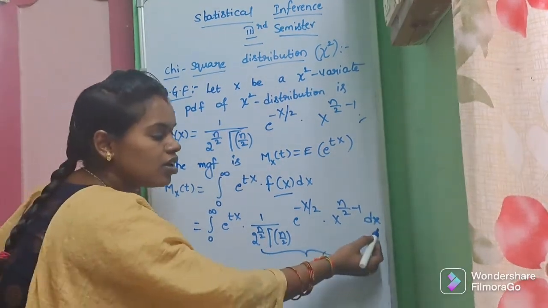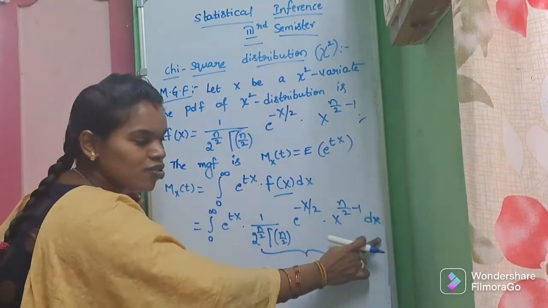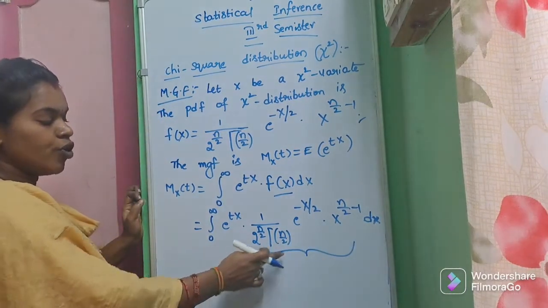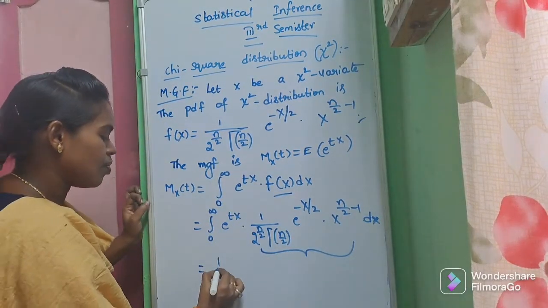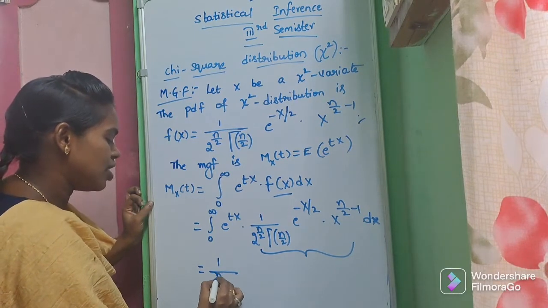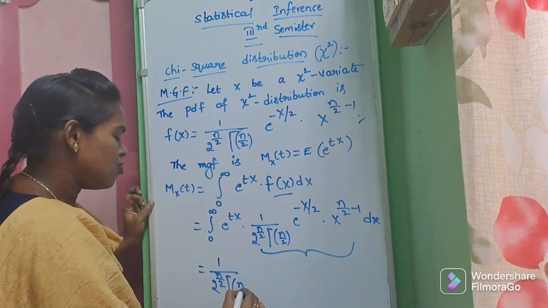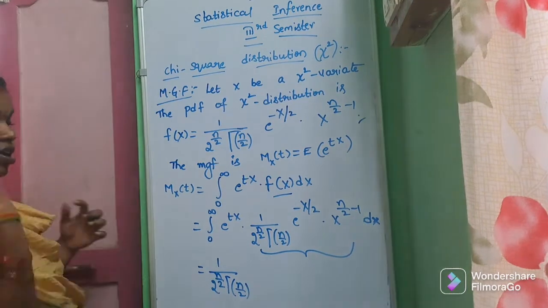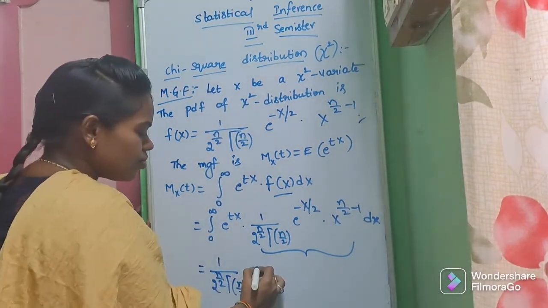Next, we are doing integration with respect to x, so we don't need this constant, 1 by 2 power n by 2 gamma of n by 2. This is a constant and I am taking it out.